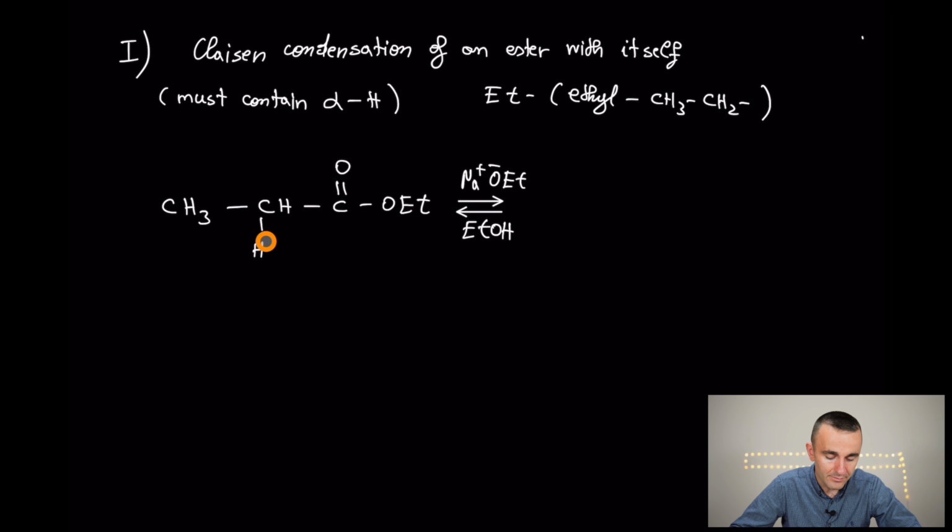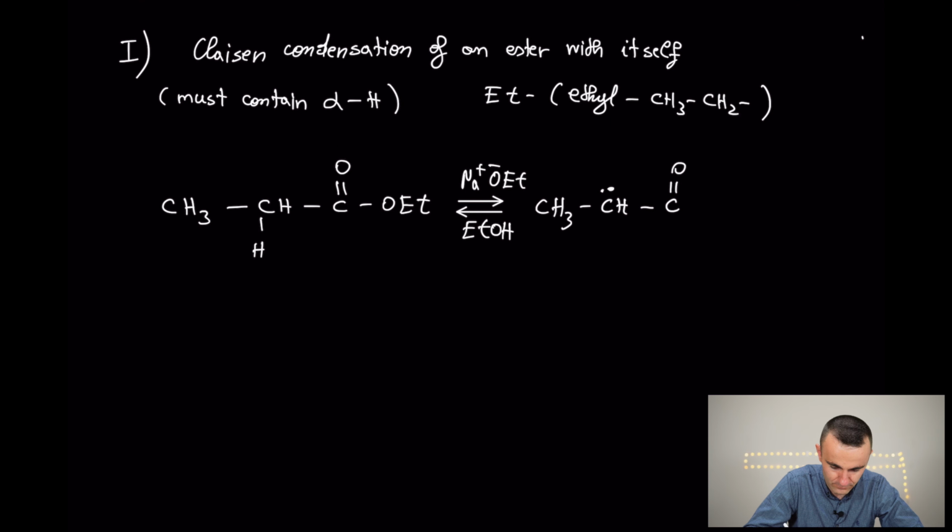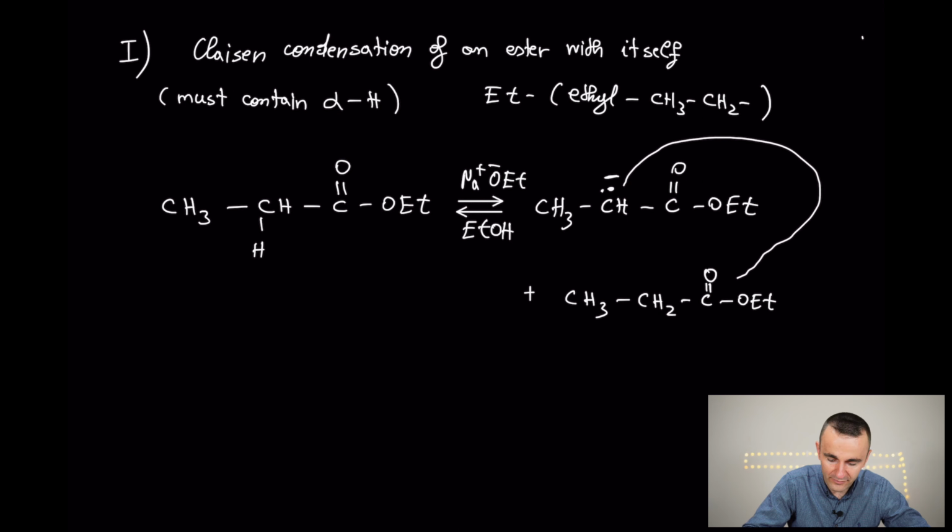So the first step, we are going to do an enolate formation to remove this hydrogen. This enolate is going to react with another molecule. This lone pair here is the donor and is going to attack this carbon here.